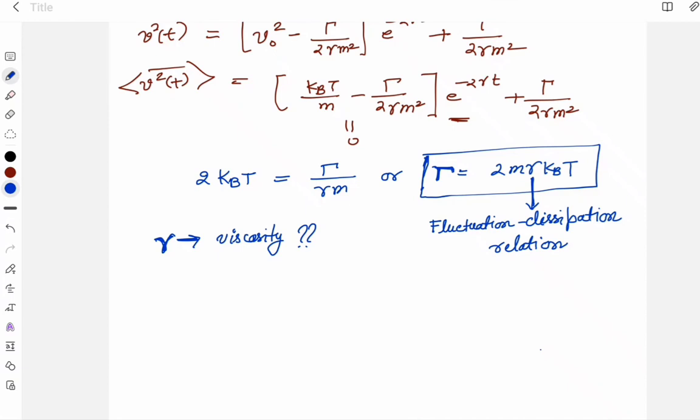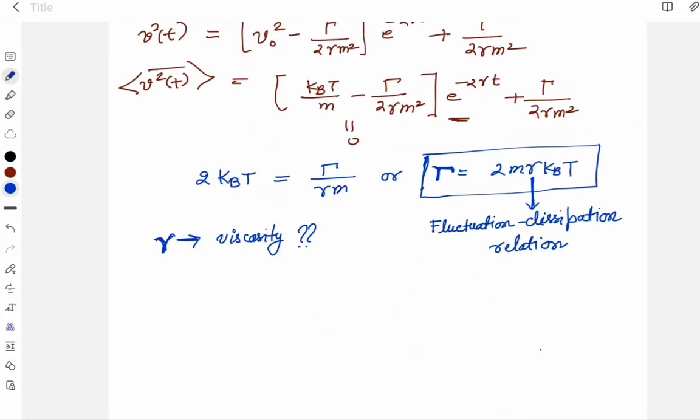Now, what was our main objective? Our objective was to find the diffusion coefficient for these bigger molecules. For that we need an expression for the displacement. Last time we took our random variable as the displacement vector and calculated its mean square.